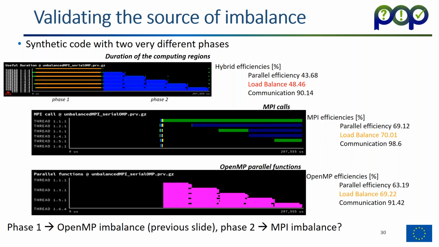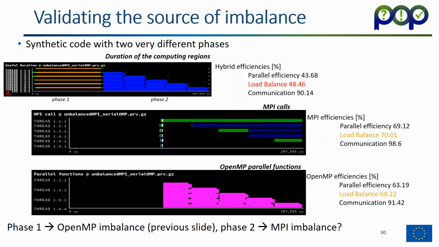Based on the previous example, we know that the first phase had this OpenMP imbalance because it was not parallelized with OpenMP. So we can make the guess that the second phase only has MPI imbalance and there is no additional imbalance between the OpenMP threads. And we can verify that.